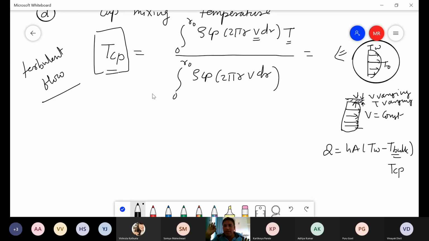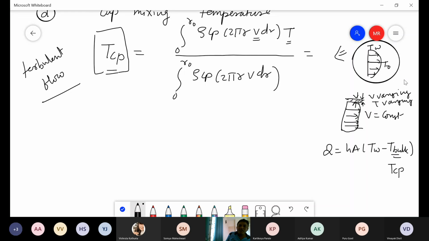So in a way, the cup mixing temperature is a temperature which is averaged over the variation of all these quantities. Now in this particular case, we are assuming that rho and Cp are not changing, but velocity is changing, and that is why the variation in the velocity I have included. All others will get cancelled out. Is it clear now? Yes, sir. So I am averaging with respect to the variation in all the quantities, not just the velocity, but also rho, Cp, etc.